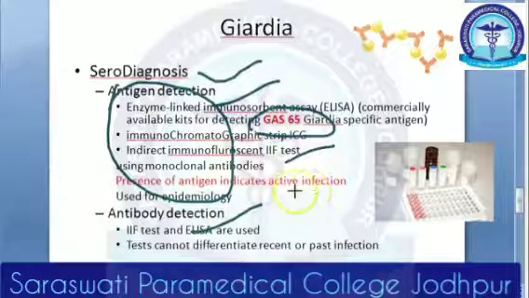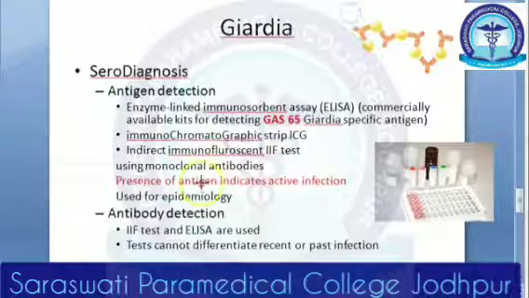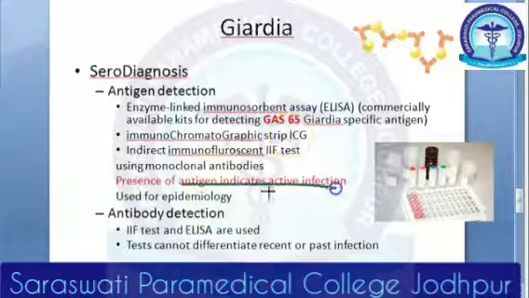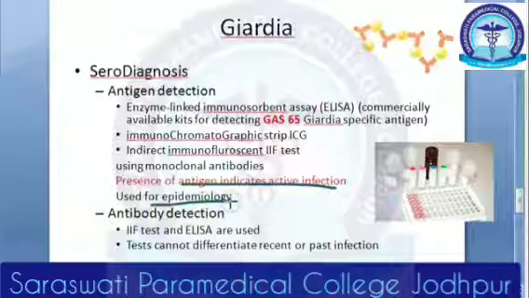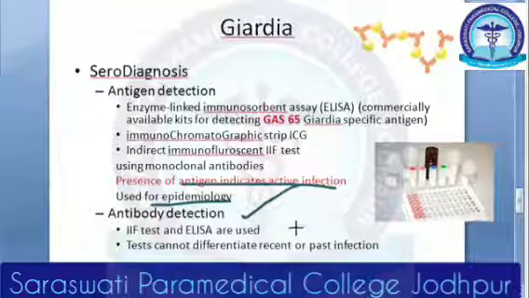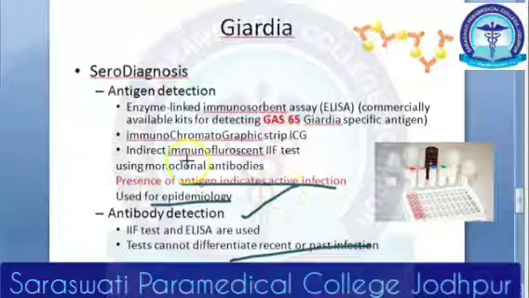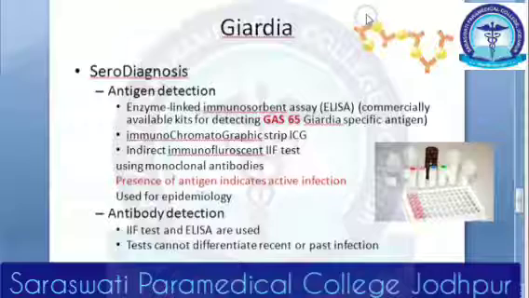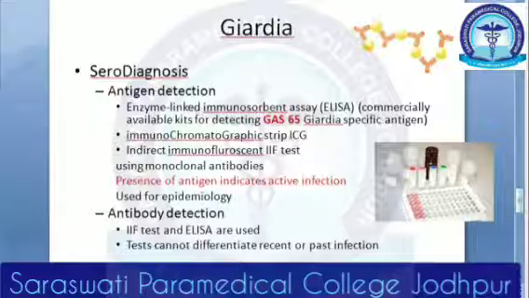If there is antigen, it means there is an active infection, and this is usually used for epidemiological studies. Antibody detection, again you will use ELISA, indirect immunofluorescence, but this cannot distinguish between recent or past infection. That's what the textbook says. So that is what we are exactly saying. Then moving on.